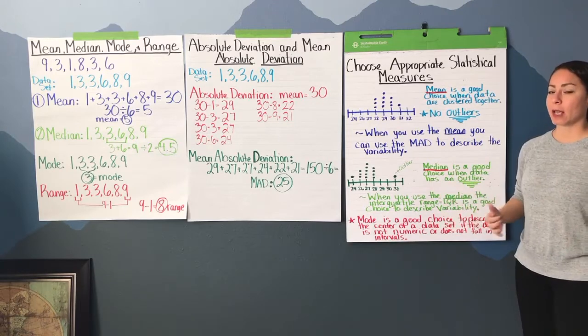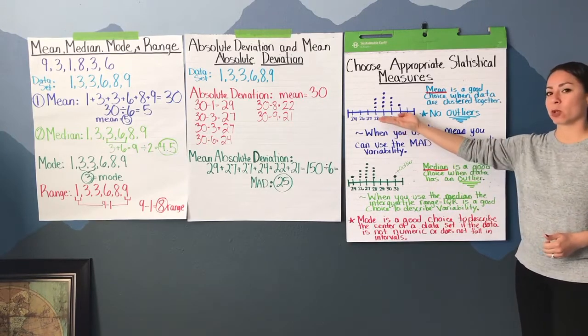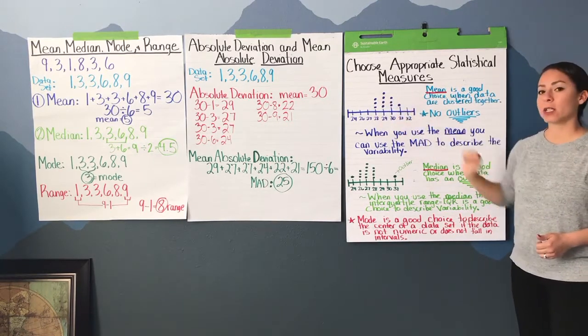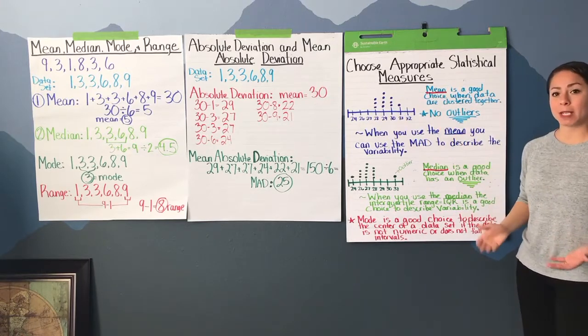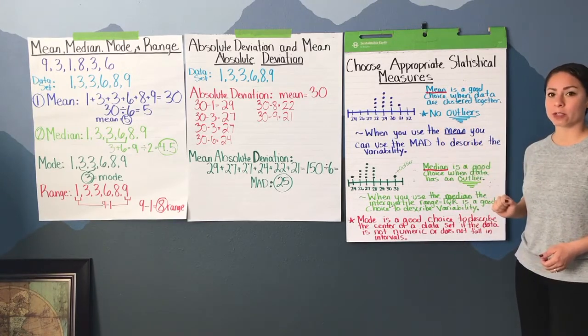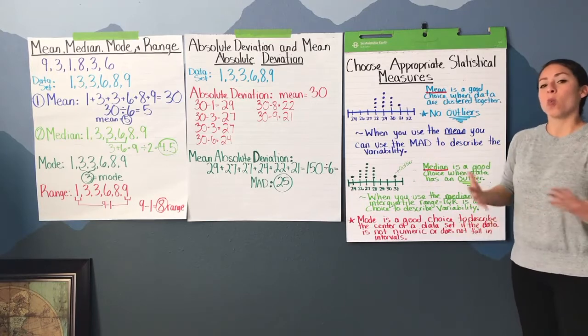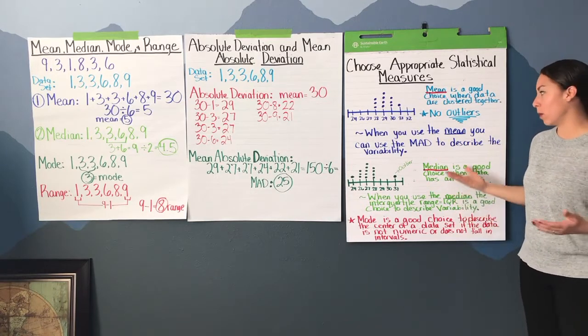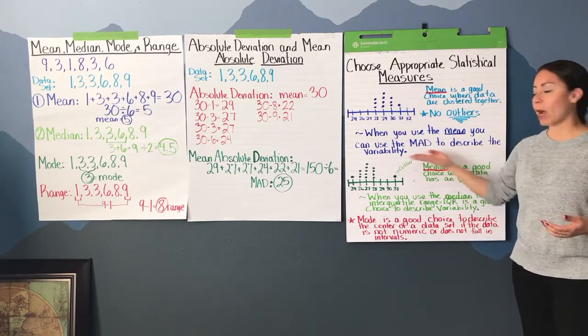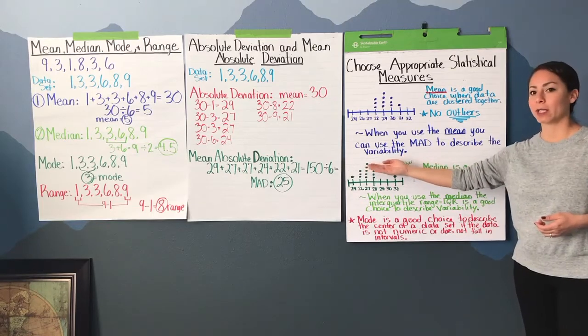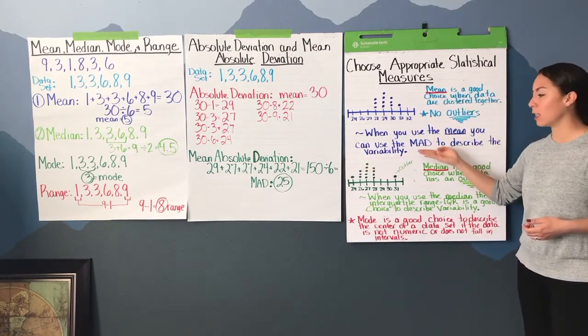So again, they may ask you, what is the best measure of center? Because your data looks like this, you're going to say it's the mean because there are no outliers. Then they might ask you, how best do you describe the variability? If you get mean, then you get MAD.